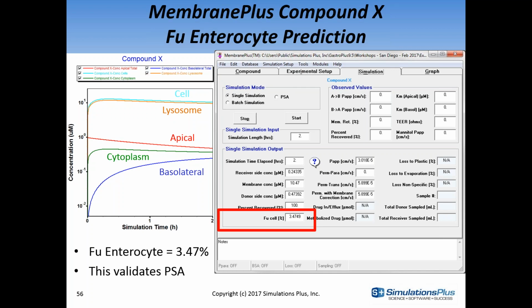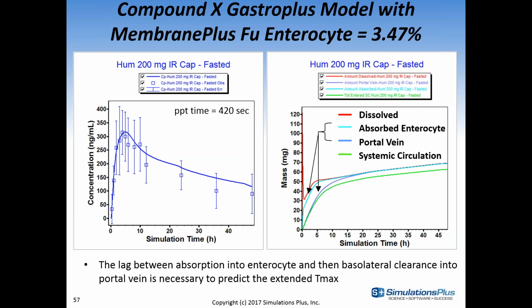So we directly enter that value into GastroPlus using the power of our mechanistic cell simulation model in MembranePlus. So we built a model with the FU enterocytes from MembranePlus of 3.47%. We ran the model and we got very good results as far as the initial kinetics of the drug entering the bloodstream.